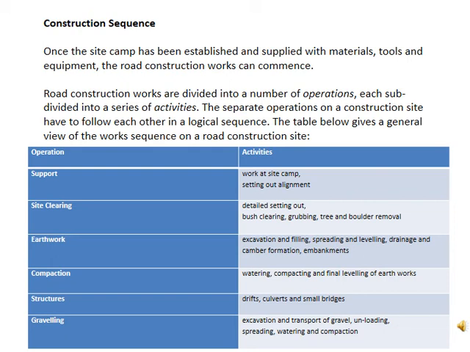Operations can be: the work at the site, setting out the alignment, site clearing, detail setting out, bush clearing, grubbing, trees and boulders removal. Then excavation, filling, spreading, leveling, drainage, and compaction, watering, compacting, final leveling, structures like culverts and small bridges, graveling with the excavation, transport of gravel, unloading, spreading, and watering and compaction. So these are included in the construction sequence.